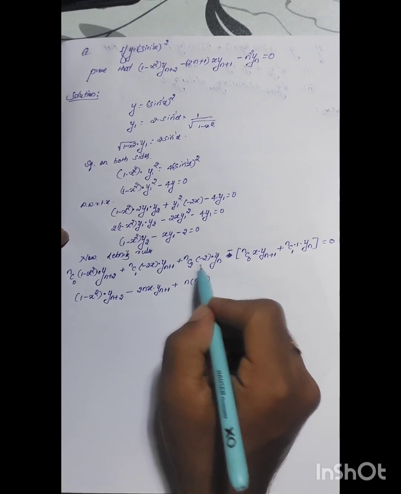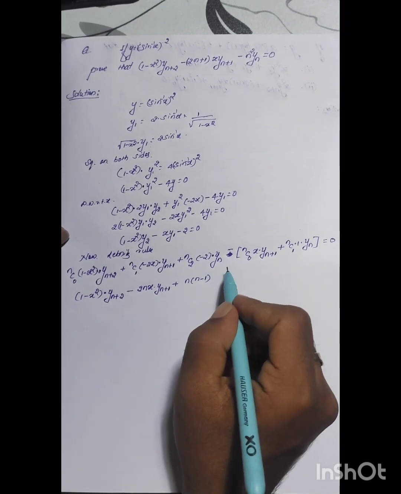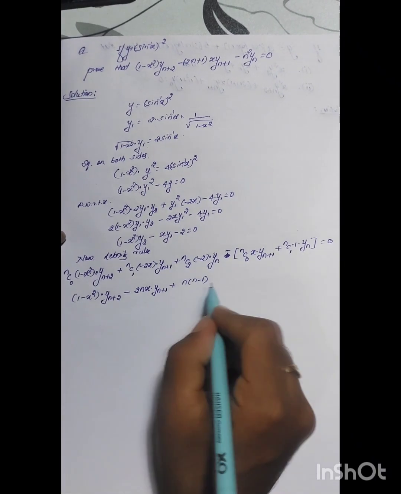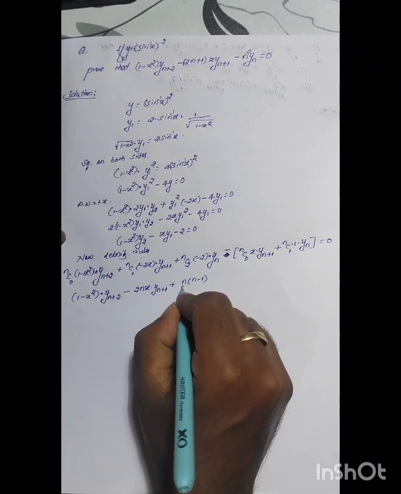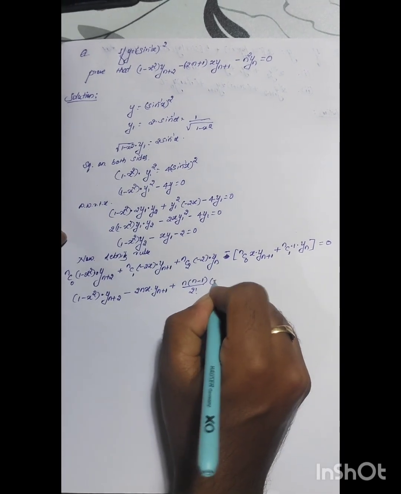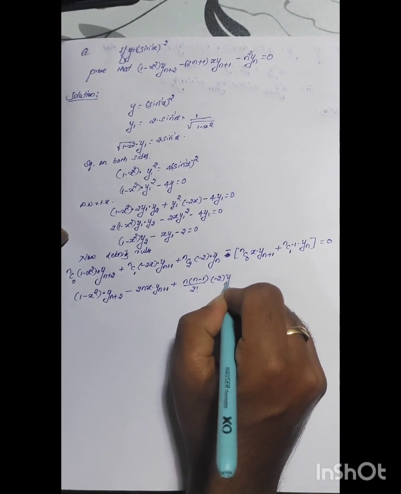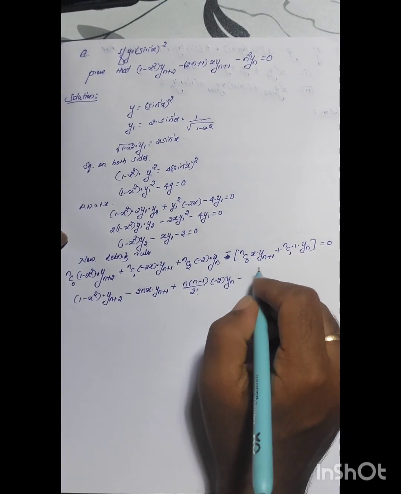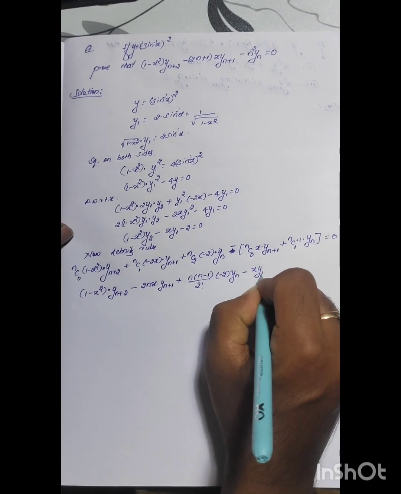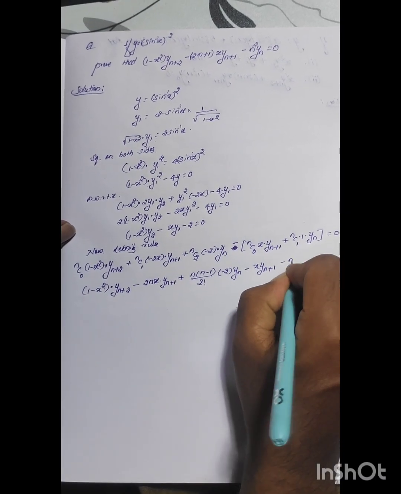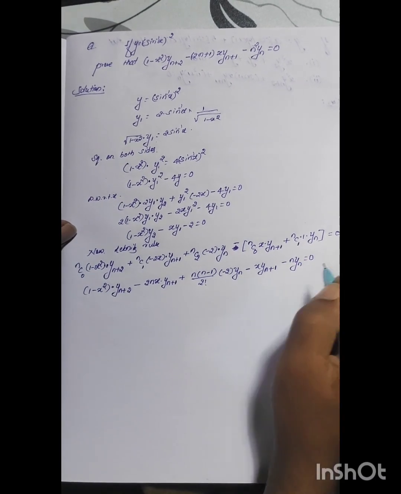I mean nCr is n factorial divided by r factorial into n minus r factorial. So n minus 2 in the numerator, n minus 2 in the denominator will get cancelled. So n into n minus 1 divided by 2 factorial into minus 2 is there, I am writing as it is, into yn. I will open the minus sign. So this will become minus nc0 is 1 x yn plus 1. nc1 is nothing but n, so minus n yn will be equal to 0.